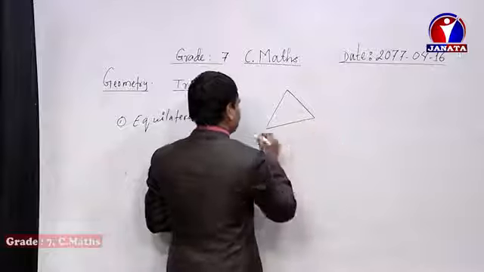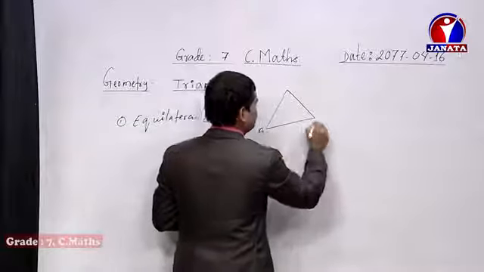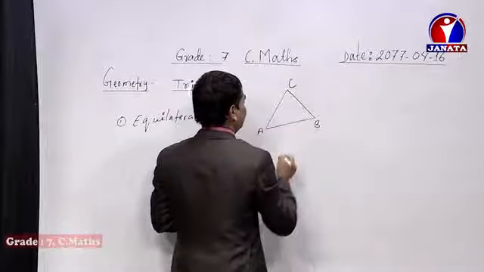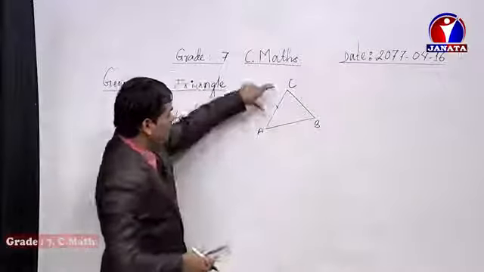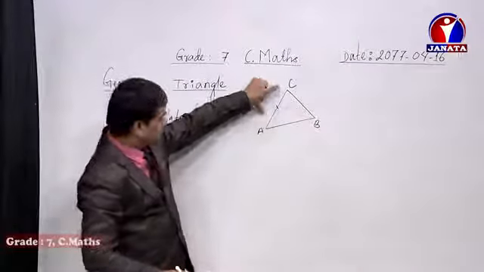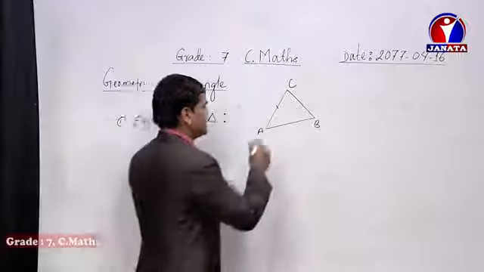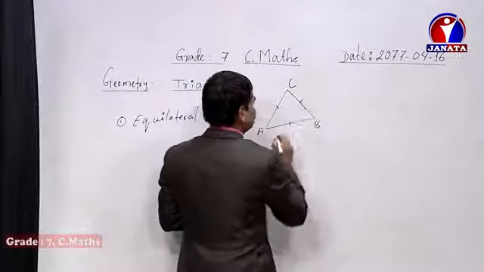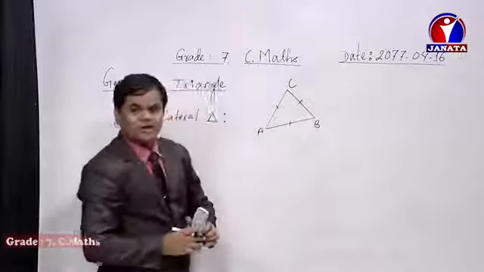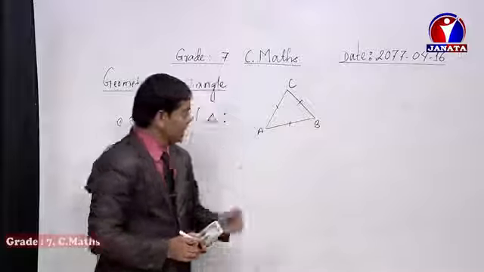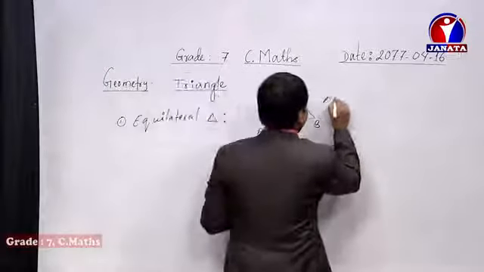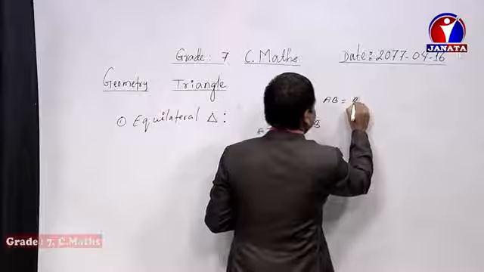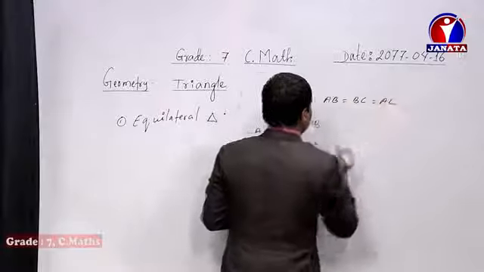So I am going to make an equilateral triangle. For example, this is an equilateral triangle. I'm going to name it ABC. If we use the scale to measure side AC as well as side AB and side BC, and the lengths of AB, BC and AC are equal, it means AB equals BC equals AC.